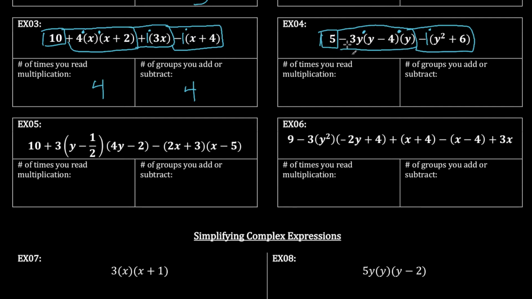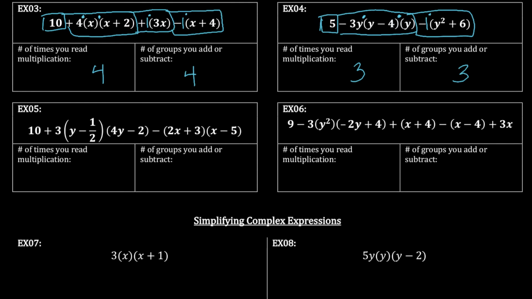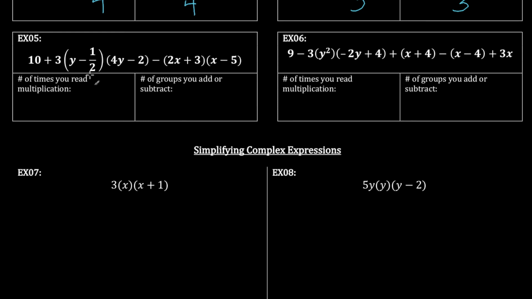So we start with 5 and we take away this 3y times all this stuff. And then we take away 1 times all this stuff. So 1, 2, 3. And we have 3 groups. Like I said, that's just coincidence. It won't always be the same number. I just didn't want to make them ridiculous, like all of them like this and all different.